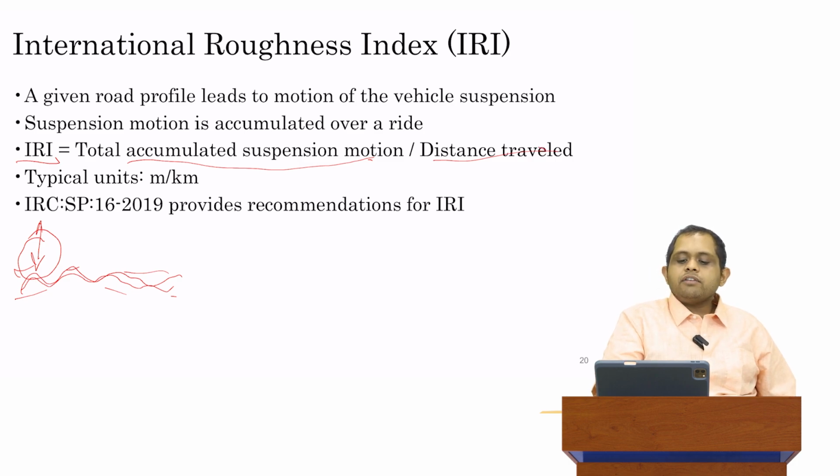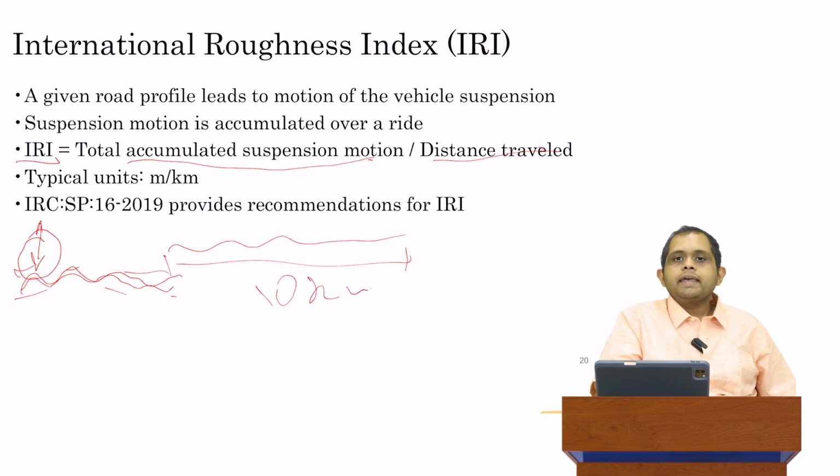Think of it another way: if we have a profilometer and we have measured the profile of maybe 10 kilometers of road, and using this quarter car model, we calculate that for this given profile, the suspension will move a total distance of a certain amount of millimeters. Again, suspension movement is in the order of millimeters. So it will move a certain amount of millimeters at each point.